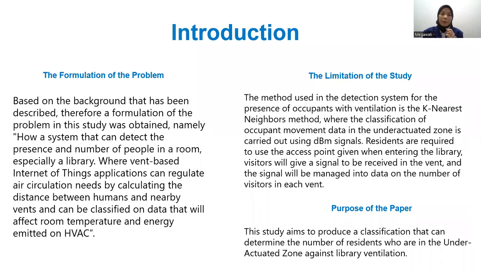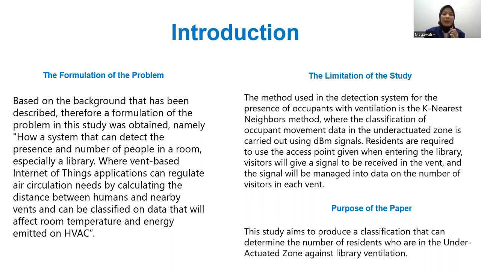Formulation of the problem. Based on the background that has been detailed, the formulation of the problem is how a system can detect the presence and number of people in the room, in this case in the library.